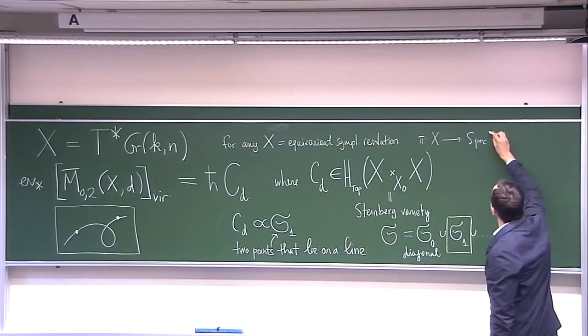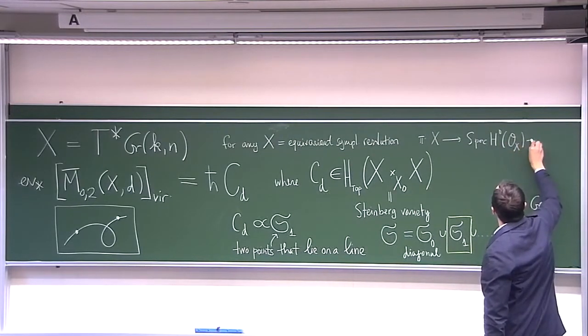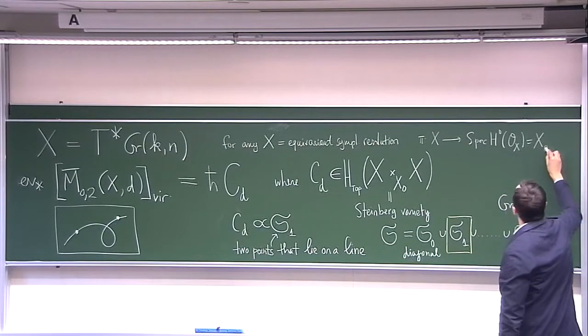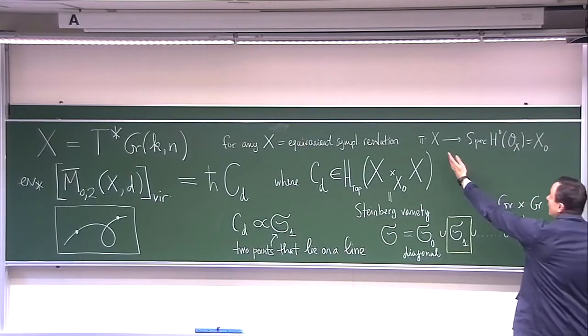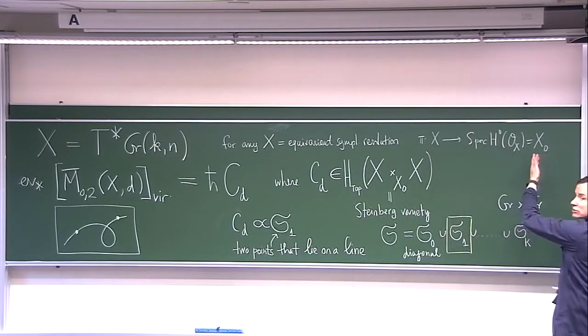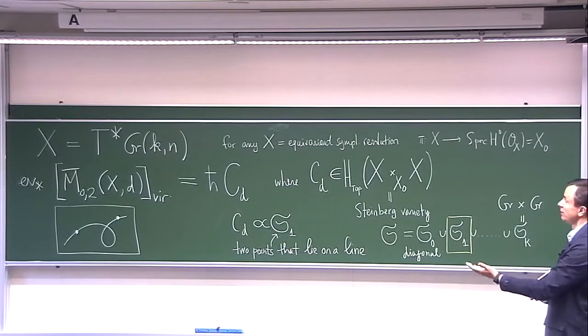So the spectrum of global functions of X, call the result X naught. Resolution of singularities means this is properly birational. And conversely, if you have X, then it can only be a resolution of singularities of this variety. So if you are already given X, then you know what variety it is a resolution of.